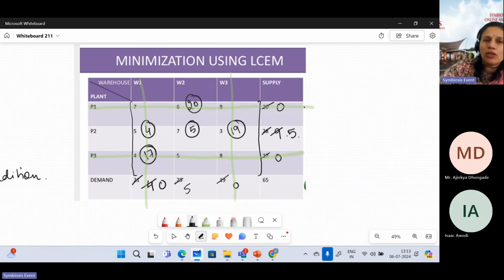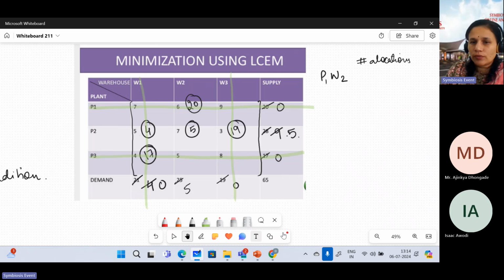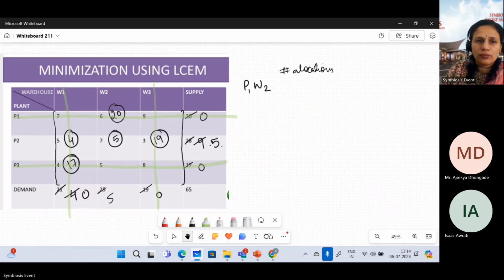So how did we make the allocations? P1 to W2, number of allocations, and next is total cost. You can write per unit.